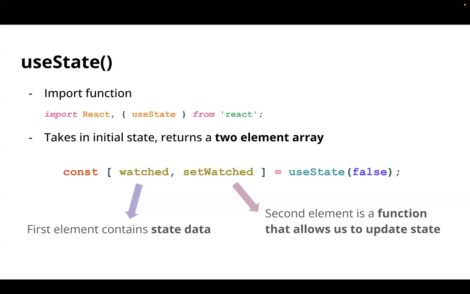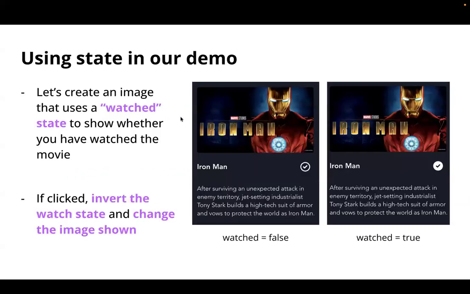And if you are keeping track of a string value, you can initiate it with an empty string. That depends on what you're using this state for. Anyway, it returns a two-element array: watched and setWatched.